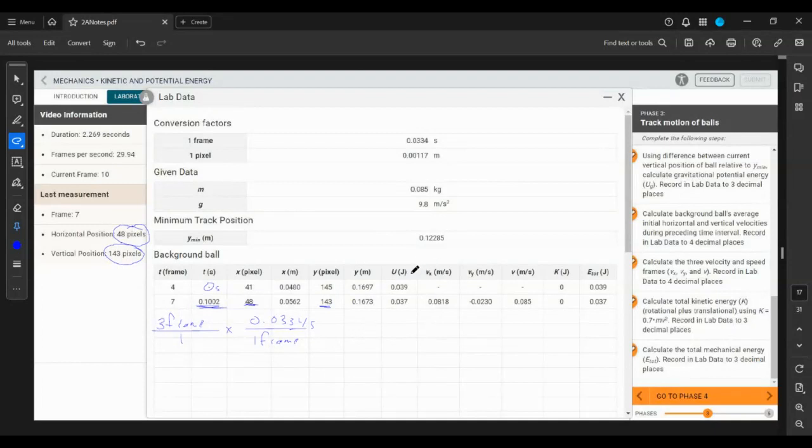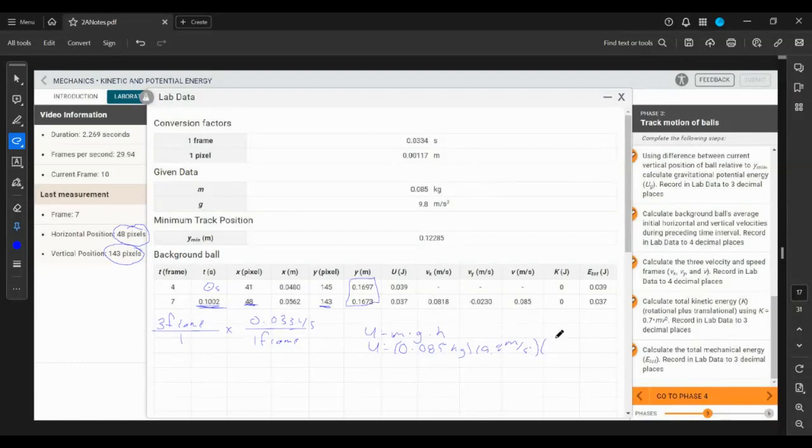Now, remember, excuse me, that the U is mass times gravity times height, where the height is the change in the Y position. So here, this would be the mass as 0.085 kilograms, Earth gravity 9.8 meters per second squared, and then the change in height is the difference between these Y positions.